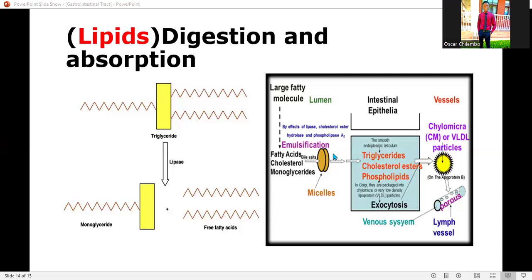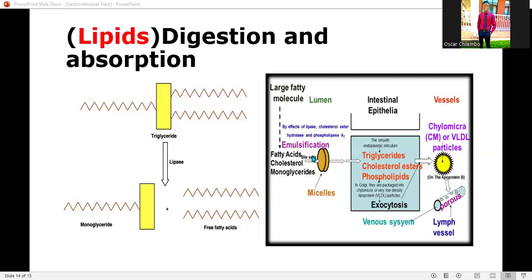Immediately after the apical membrane is the enterocyte. Then after the enterocyte, we have the basolateral membrane. From the basolateral membrane, we go into the interstitial fluid. Then from the interstitial cells, we go into the capillaries, where this should be transported into the bloodstream.